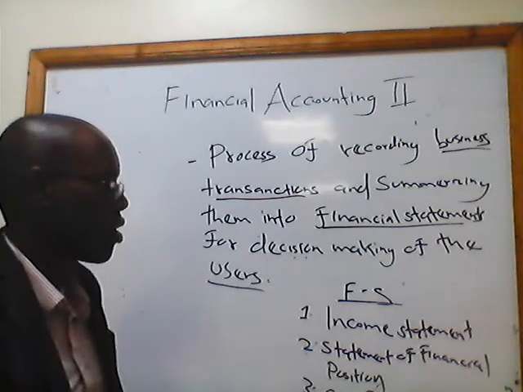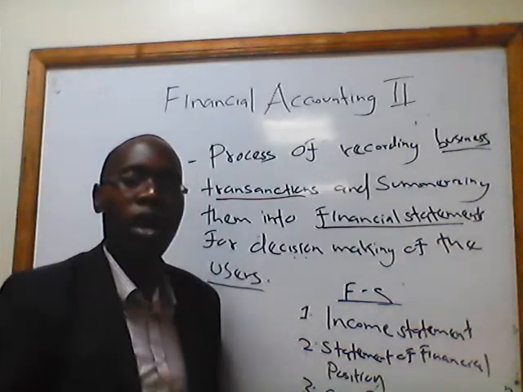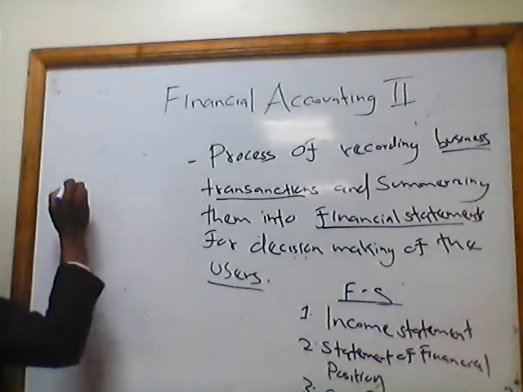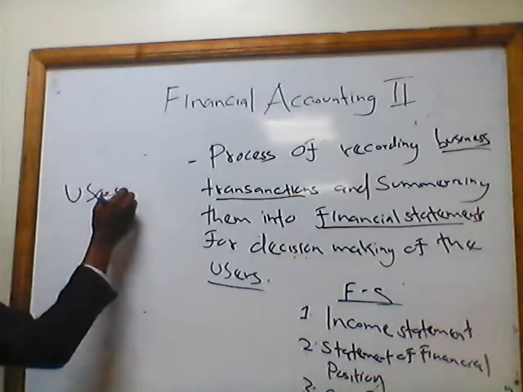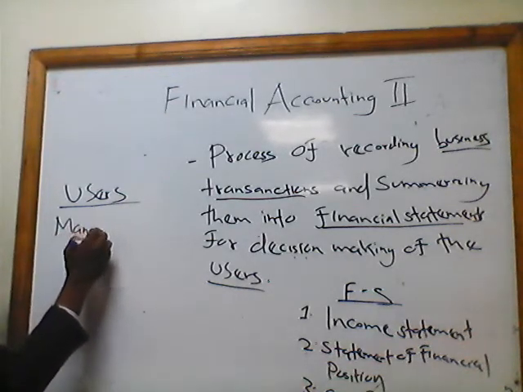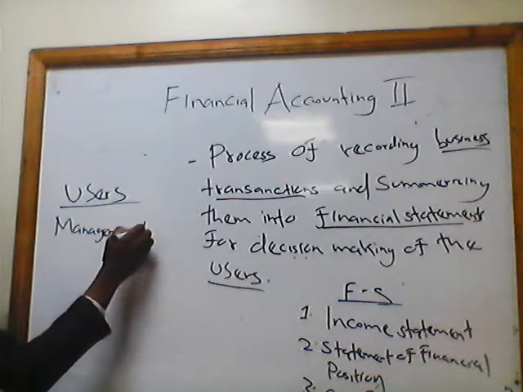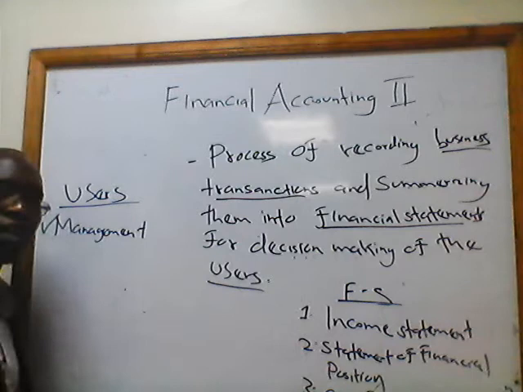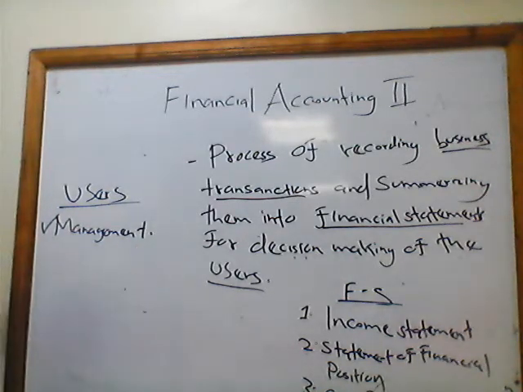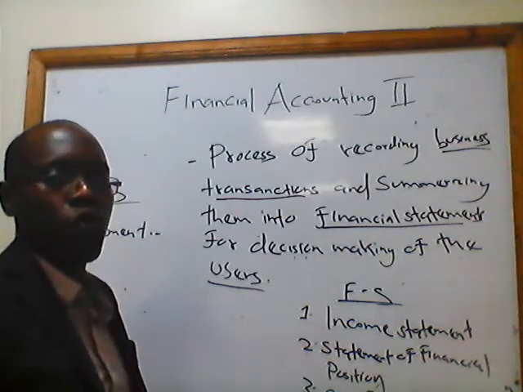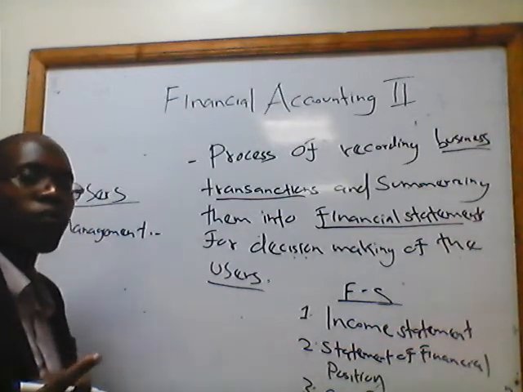Who are the users? The first user, from Financial Accounting 1, you said, was the management. So management is the first user of financial accounting, and the management is interested in the financial statements so that they can know how to plan.